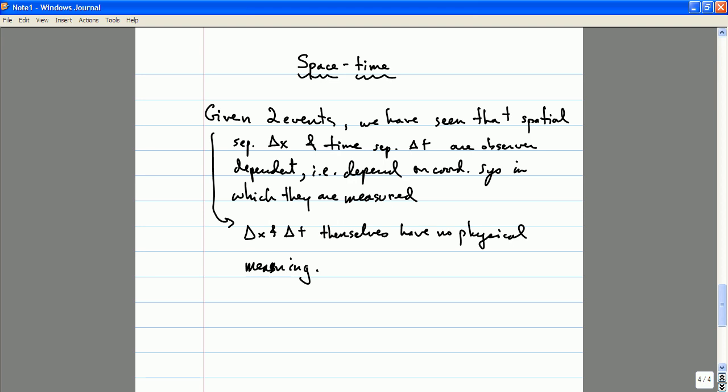For example, I could have two events, and I could be in a frame where they are simultaneous, so that delta t is equal to 0 and delta x is not 0. But you could be in a different frame where the events are not simultaneous, so that delta t is not 0. That tells us that in and of itself, the quantity delta t has no physical meaning.